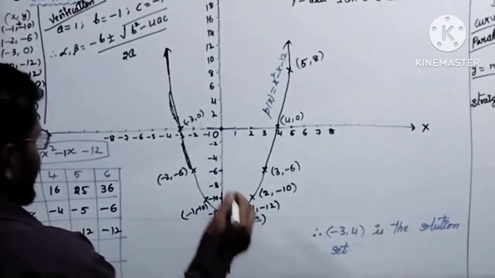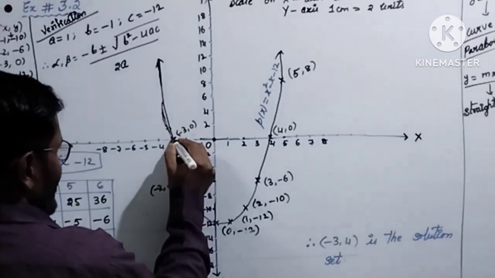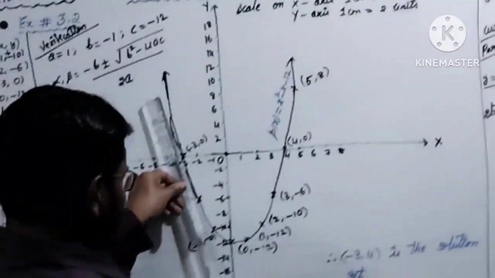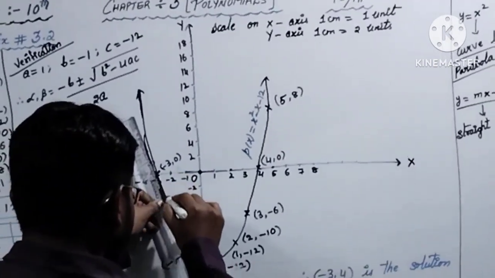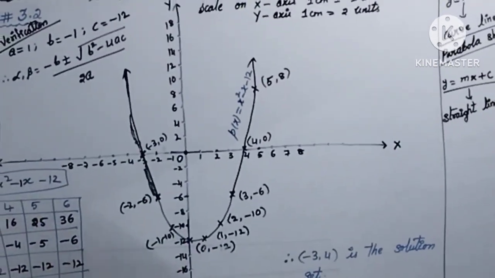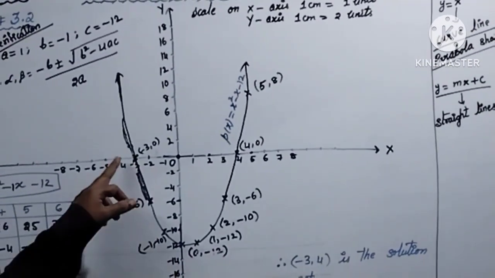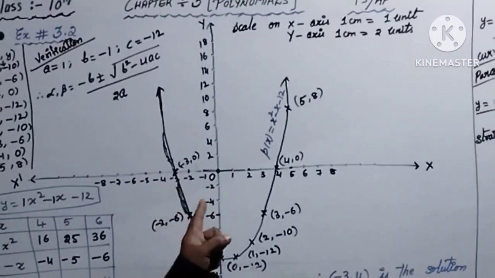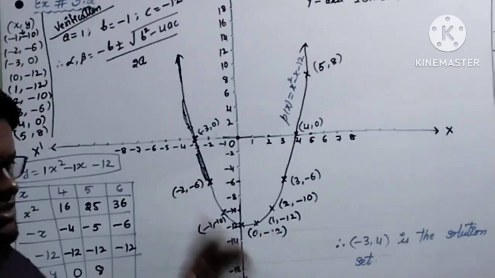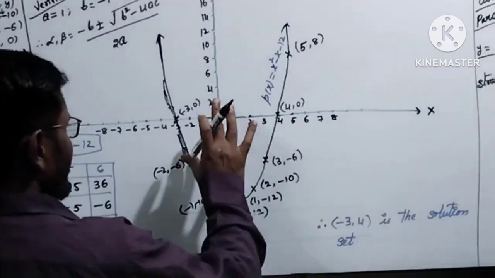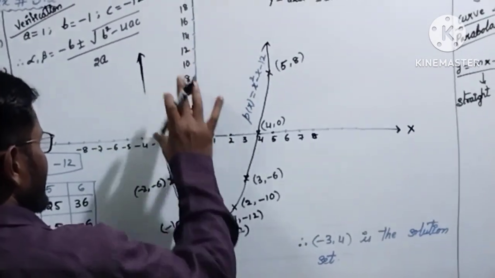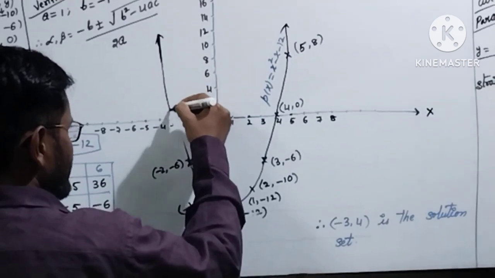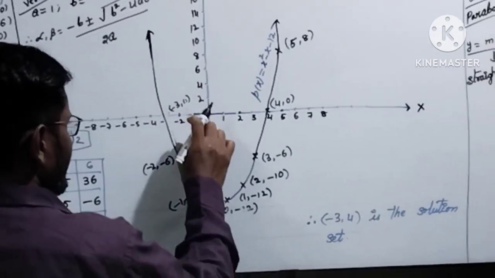Suppose for example, here I got one point and here one more point. Don't use a scale and don't draw lines like these. This is also wrong because these are straight lines. These are wrong steps. So only in a single attempt you have to draw the line. Draw the graph only in a single attempt.